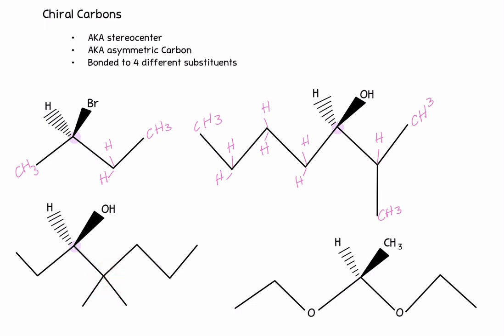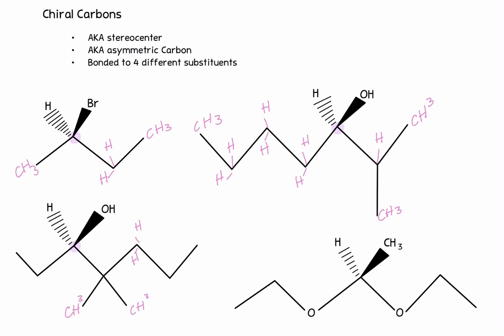Let's go ahead and draw our invisible H's. This is a methyl, this is a methyl. Now that we see that, it's actually not a chiral center because this is methyl. They're the same. So nope, it's not a chiral carbon. The rest aren't because they have those invisible H's.